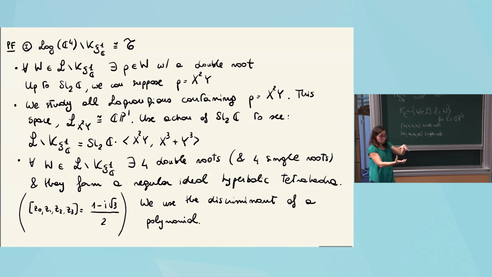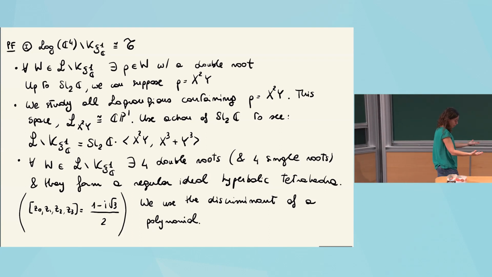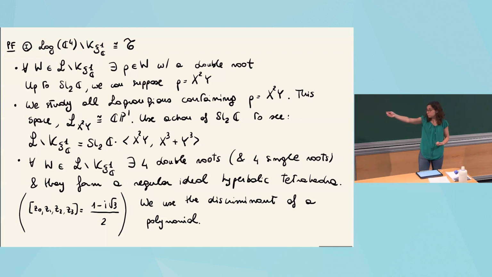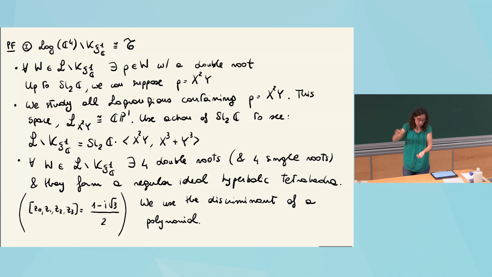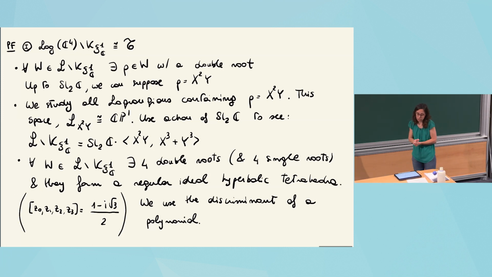These are 4 points in CP1, so the first thing you do is calculate the cross ratio of these 4 points, and we were very surprised when the cross ratio that came out is the most symmetric cross ratio that can come, which is (1 minus i square root of 3) over 2, which is really the cross ratio of tetrahedra that are regular.